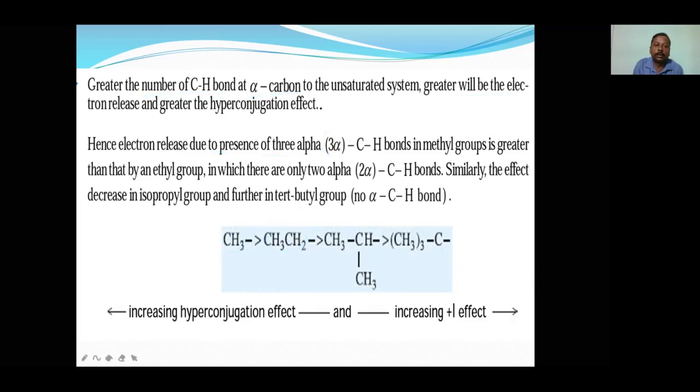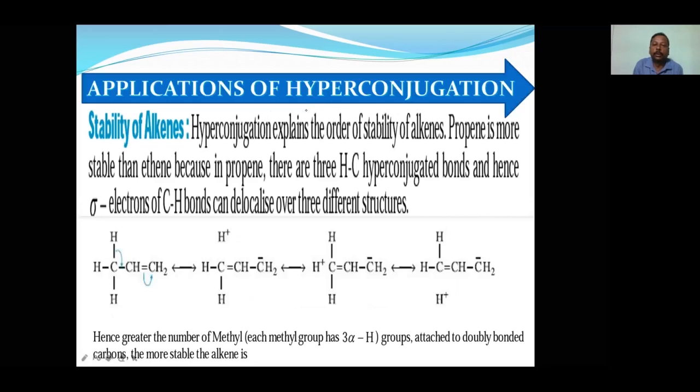Now let us see the next one. More alpha hydrogens, more will be hyperconjugation. That's why when you have to arrange alkenes in the increasing order of their stability, hyperconjugation explains the order of stability of the alkene double bond. Suppose propene is more stable than ethene, because in propene, see, 3 carbons are there.